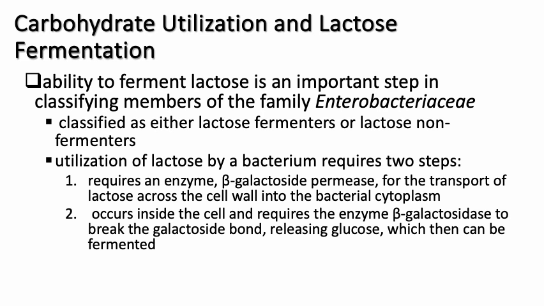So the ability or inability to ferment the disaccharide lactose is also crucial, class, in the identification of the members of the Enterobacteriaceae family. The members are classified as either lactose or non-lactose fermenters. In order to process lactose, the bacterium must have two enzymes.